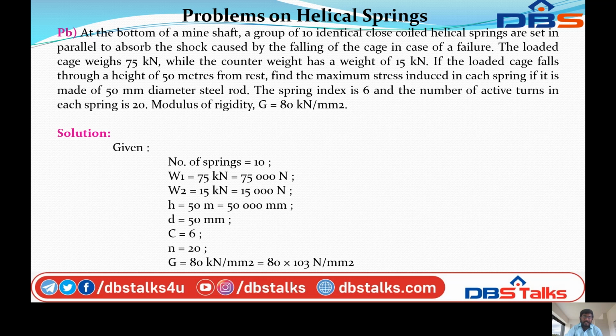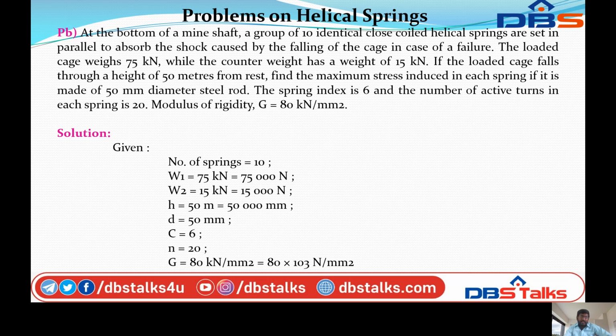The loaded cage weight is 75 kilonewton, while the counterweight has a weight of 15 kilonewton. If the loaded cage falls through a height of 50 meters from rest, find the maximum stress induced in each spring. The springs are made of 50 mm diameter steel rod, the spring index is 6, the number of active turns in the spring is 20, and the modulus of rigidity is 80 kN per mm square.